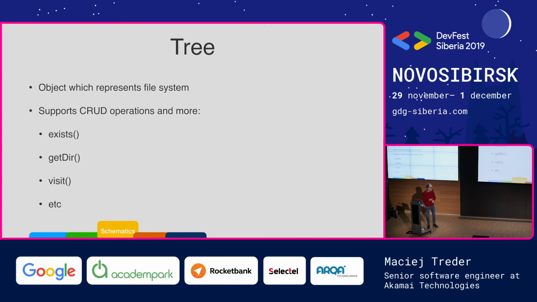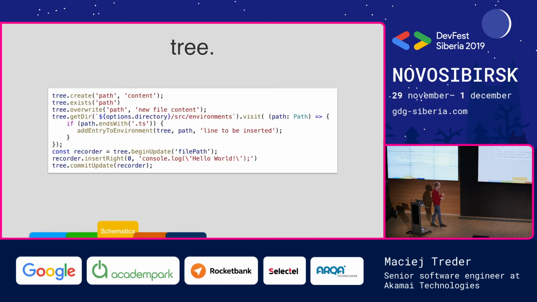Here you can find an example of the getDir, let's say. What we are doing here, we are getting the working directory of the project, going inside the environments. We are visiting each of the files. If it's ending with TS, we are adding the additional property to the project, which is here described by line to be inserted.